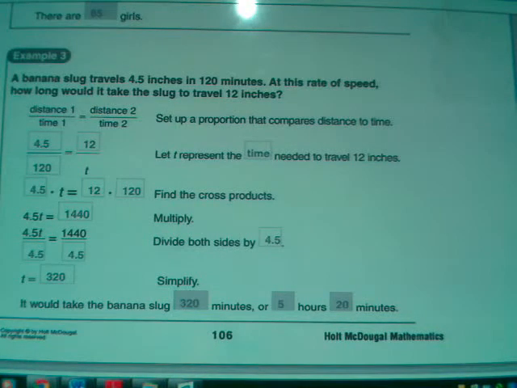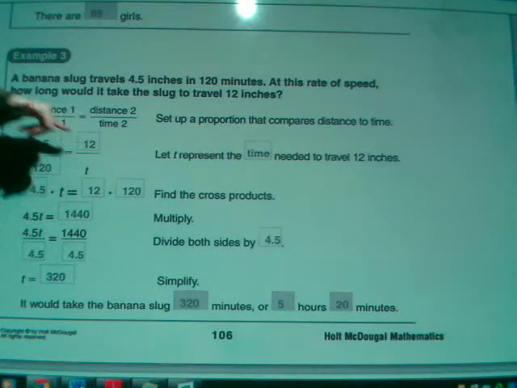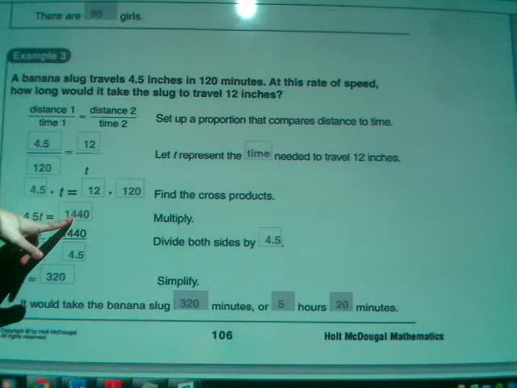And now I'm going to solve by cross multiplying. We know that this diagonal, 12 times 120, gives me 1440. So this other diagonal has to have a product that's also equal to 1440. So they're saying 4.5 times t equals 1440. Solve the equation.